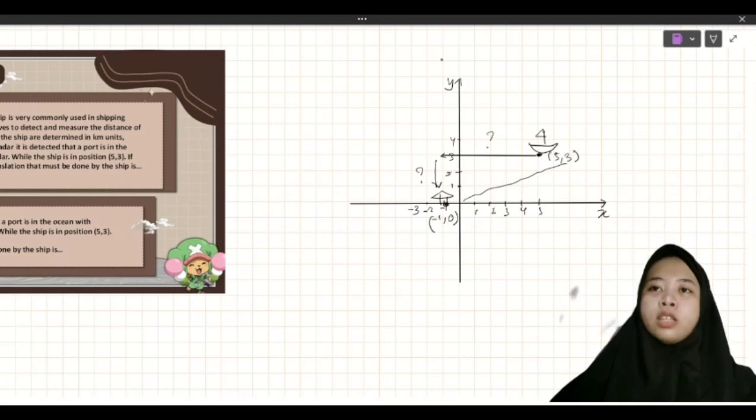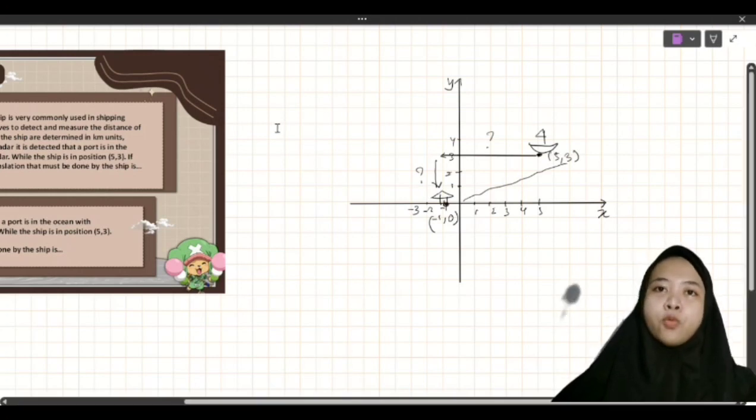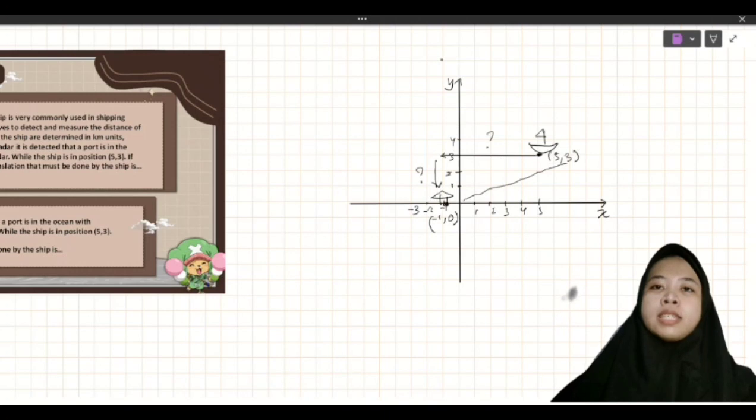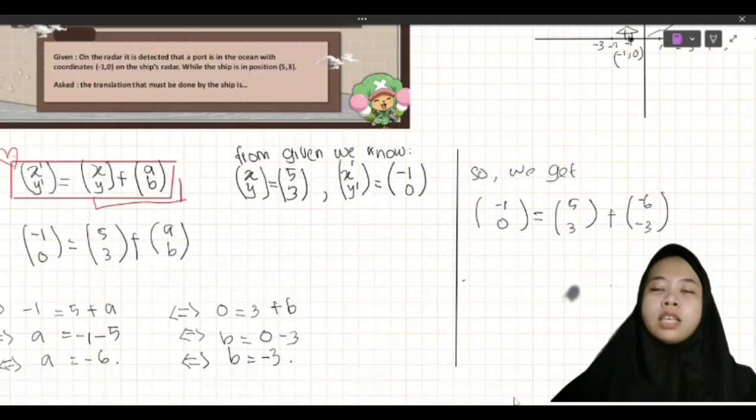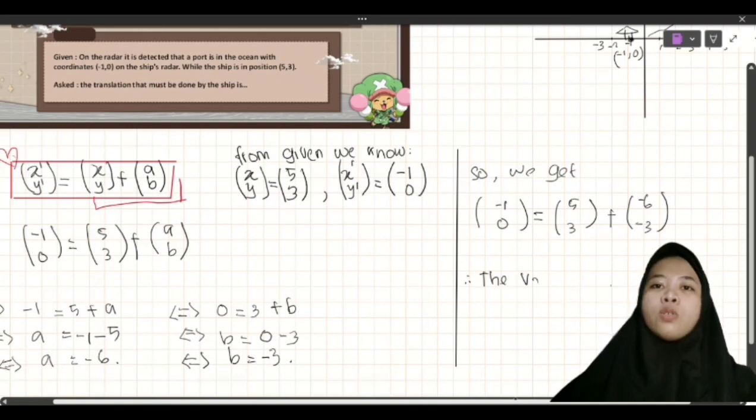From the illustration, we know that the ship moved to the left by 6 steps and we get -6. Then the ship moved down 3 steps, and we get -3, so the result is the same. So we can conclude that the translation done by the ship is -6, -3.